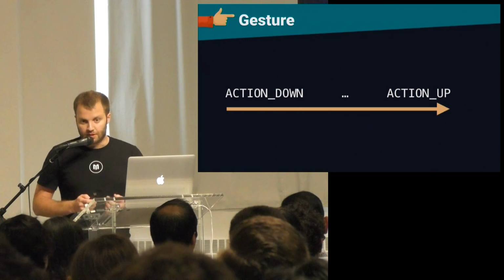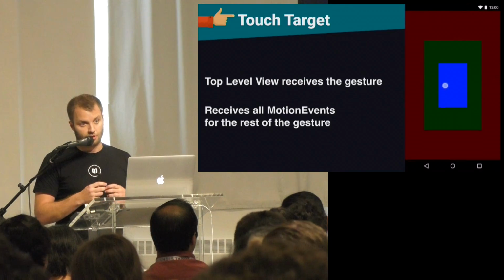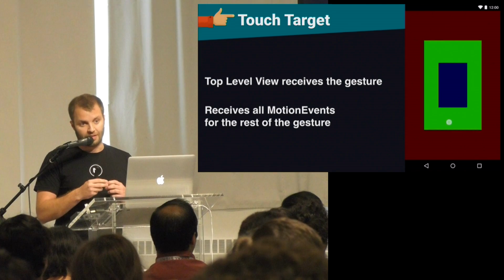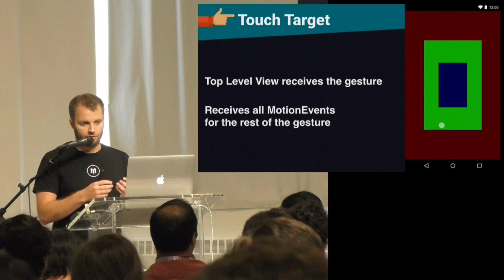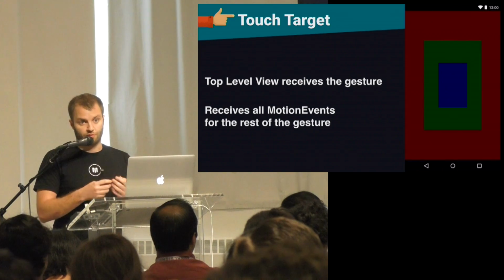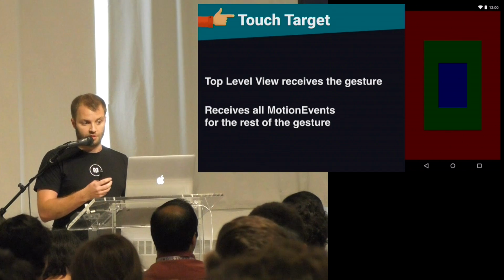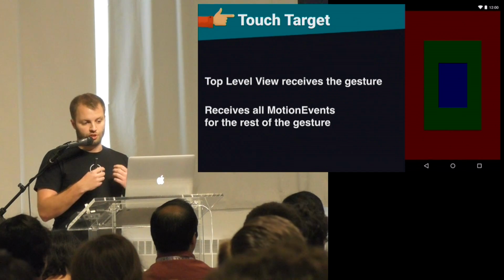Why is it important? Because of another concept that's called touch targets. So if you look at the source code of the view, the touch mechanism, you're going to see that there is a whole bunch of code to try to determine which view should receive touch events, which view should receive a gesture.